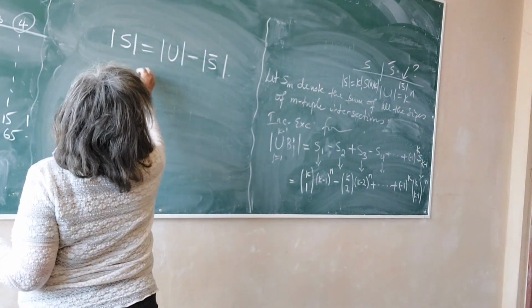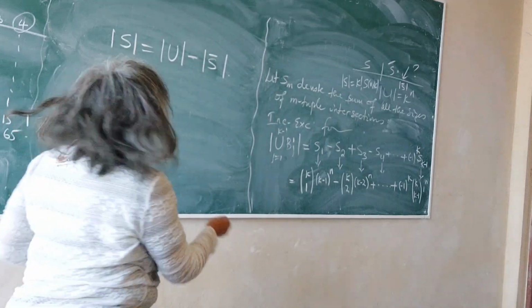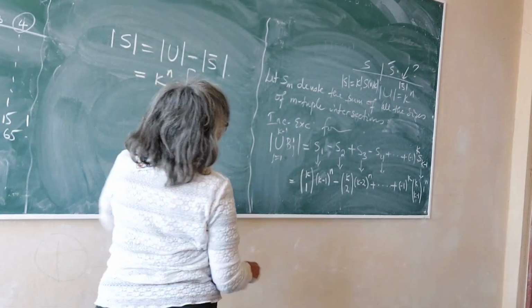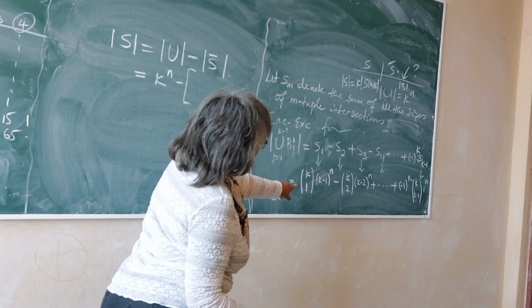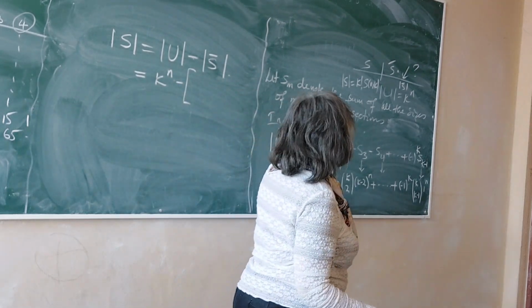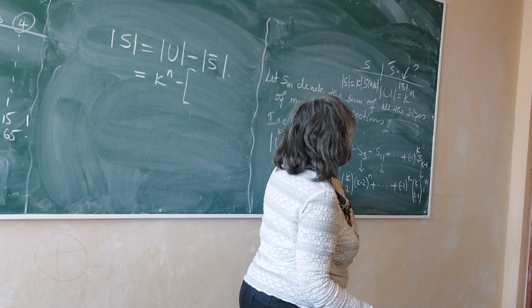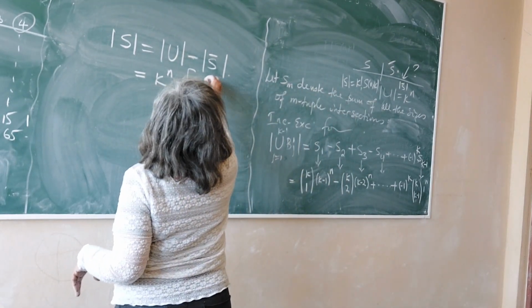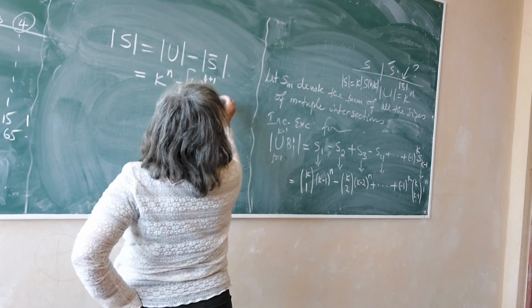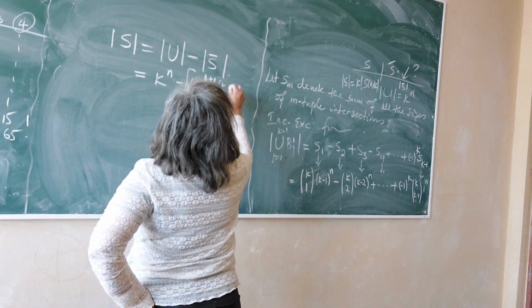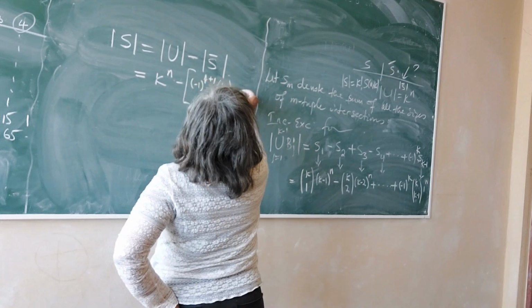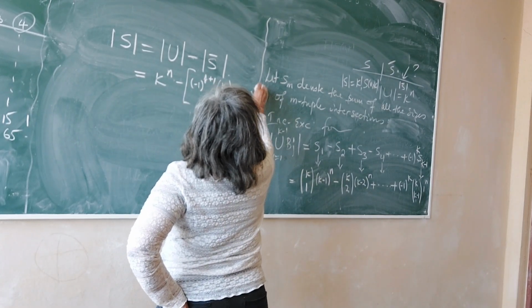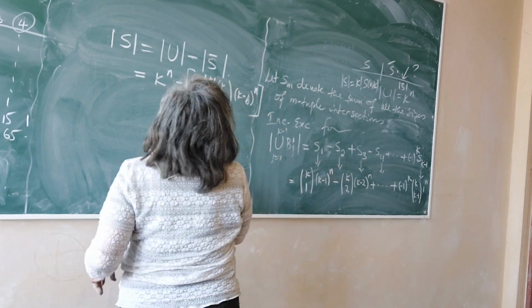That gives k to the power of n minus the sum, j varying from 1 to k minus 1, of minus 1 raised to j plus 1 times k choose j times k minus j raised to n.